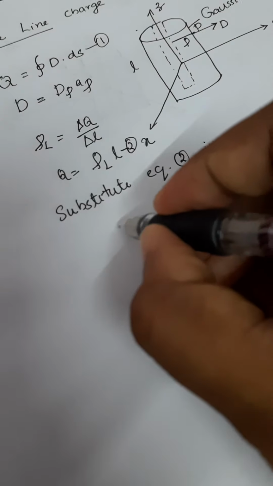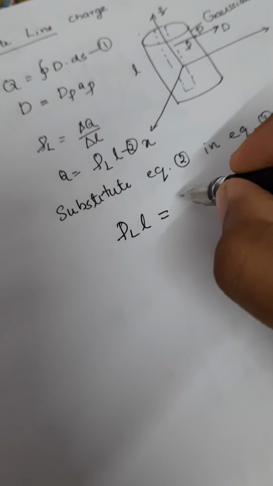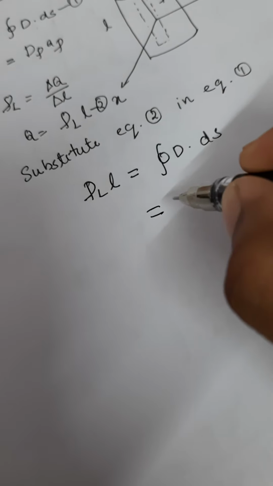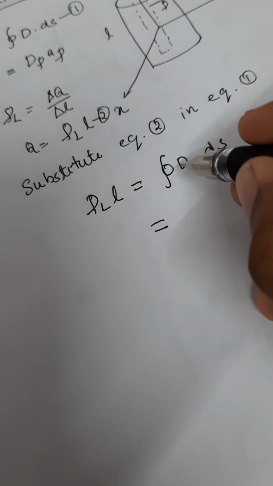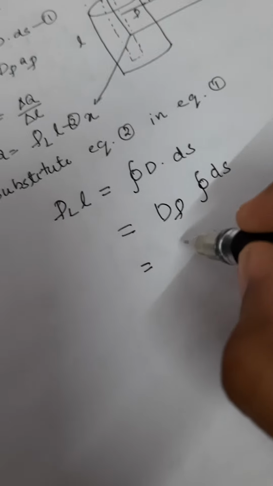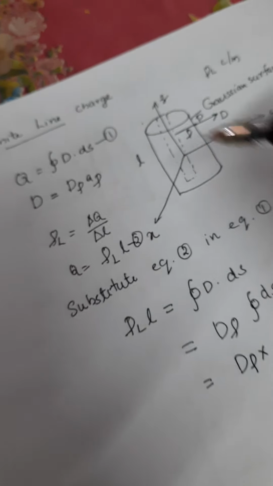So what we get? Rho L into L will be equal to the closed integral D dot ds. But we know that the normal component of the flux density is D rho, so D rho times the integral of ds. Now what is the total area of this cylinder?